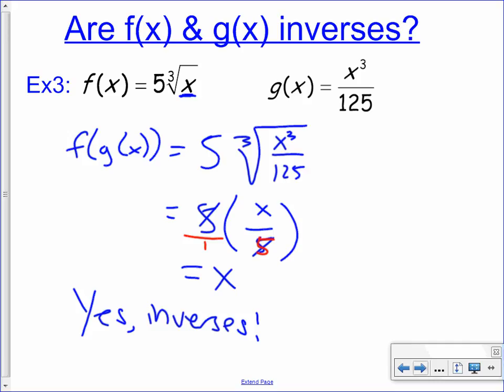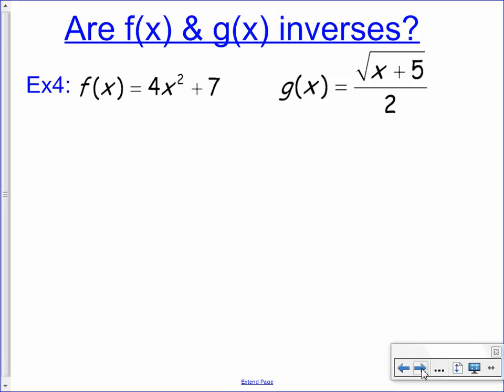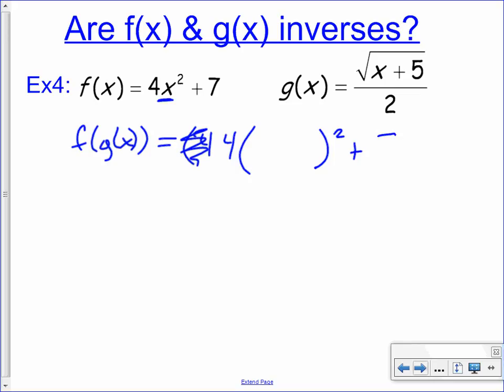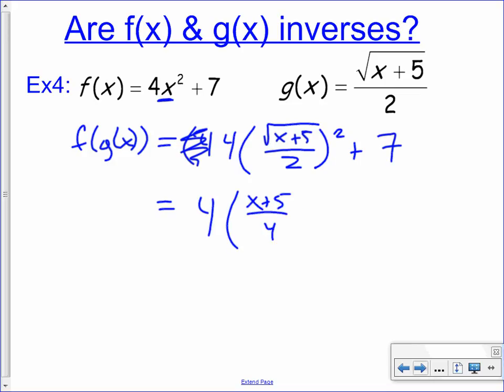Wow, well, that's 3 for 3. What do you think the last one's going to be? Well, I think it's a no. F of g of x is equal to, replacing this one, 4 times parentheses something squared plus 7. And you're putting in the square root of x plus 5 over 2, squared. So 4 times x plus 5 over 4, plus 7. Square everything.